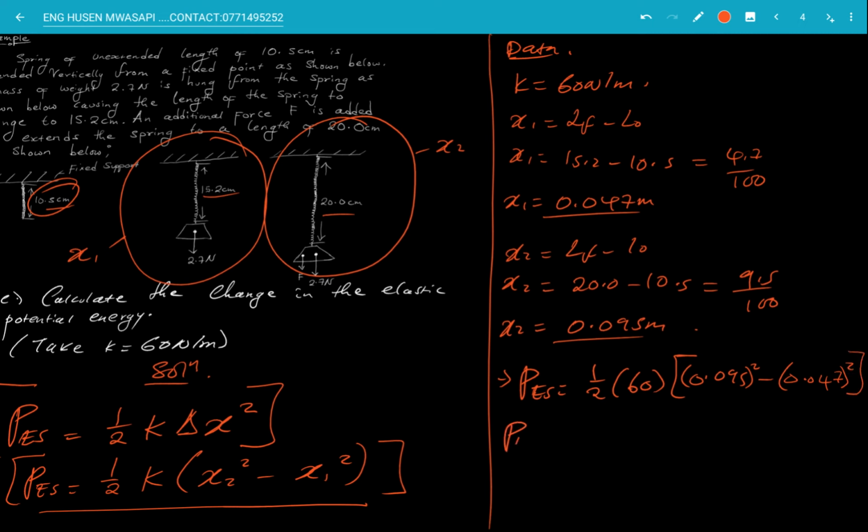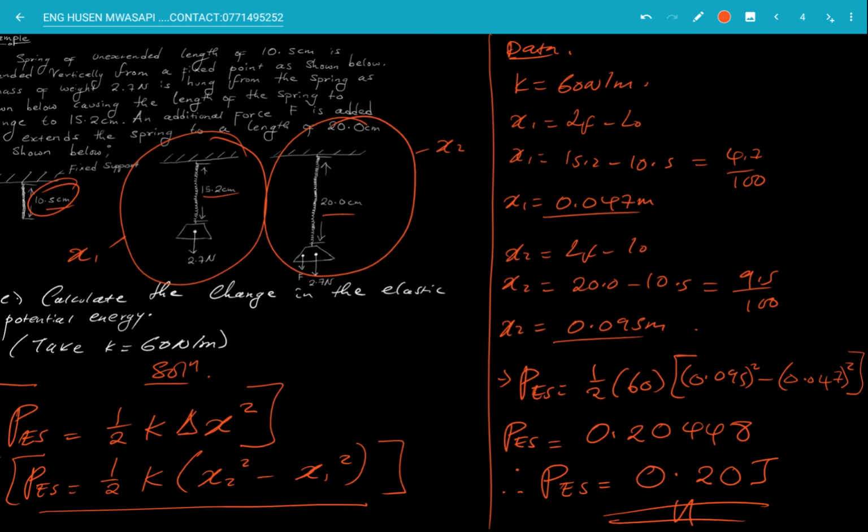So if you compute this on your calculator, you'll be having the change in elastic potential energy to be equivalent to 0.20448. Rounding this off, the change in elastic potential energy is equivalent to 0.20 joules.